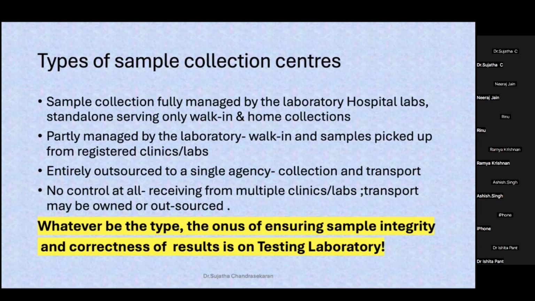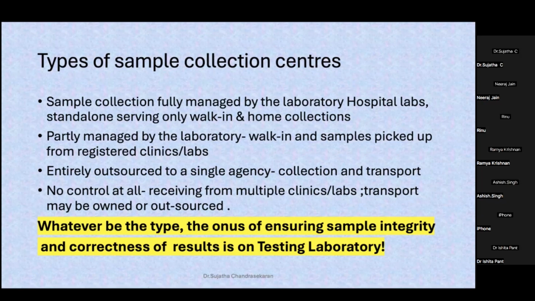Now, the third one is entirely outsourced to a single agency. The lab outsources to a single agency, which will do the collection and transport in its own vicinity or little accessible areas. Here again, the lab can directly talk to the collection agency and tell the requirements of what it wants from the sample collection facility.